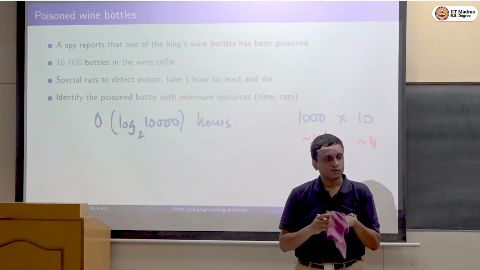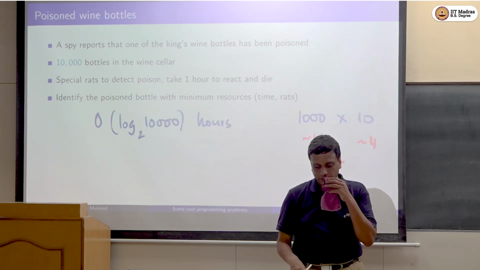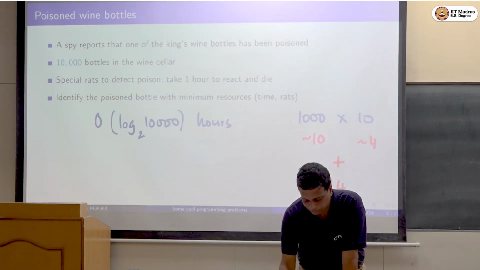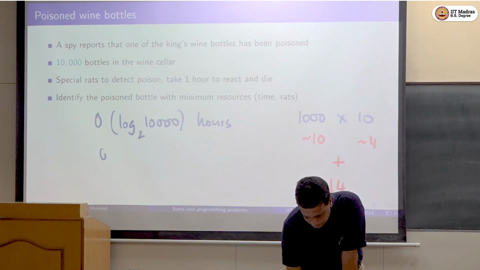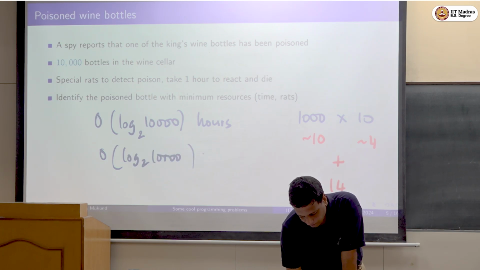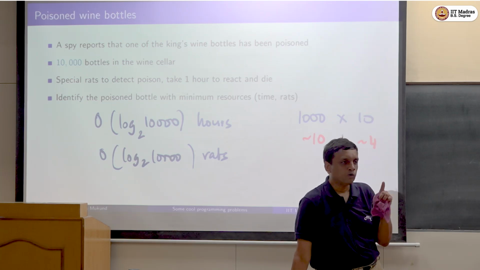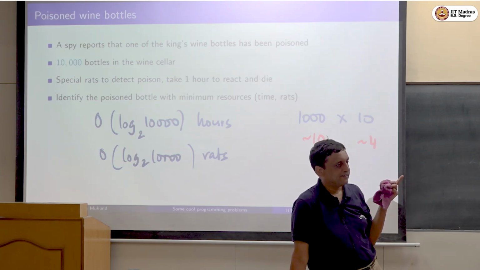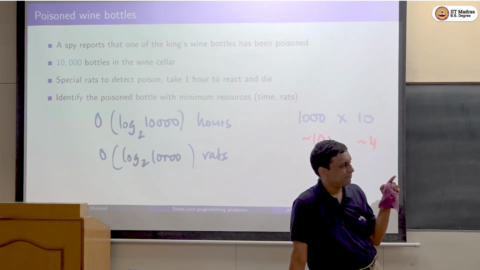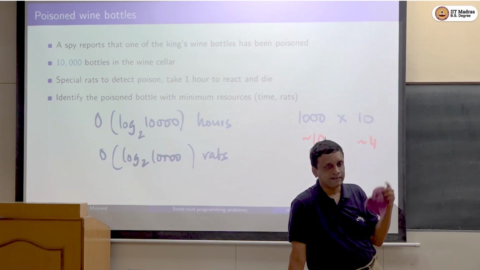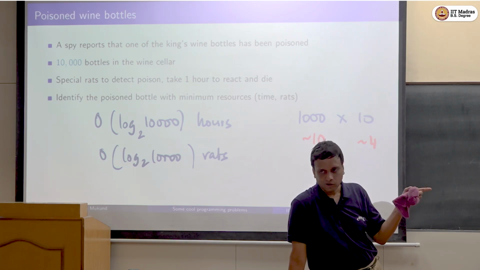Okay, so you need about 14 rats, but anyway, so you have this many hours and this many rats. We already know that you can do it with 1 rat if you just do it one at a time, right? Bottle 1, bottle 2, bottle 3, and when it dies, you know that that was the bottle.